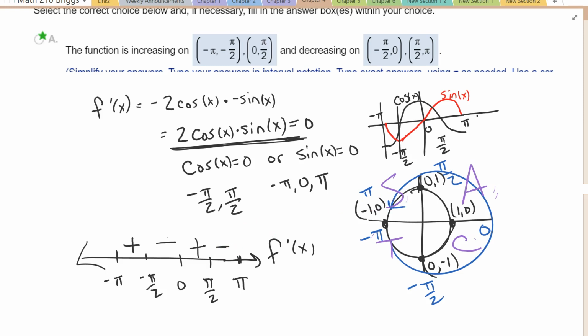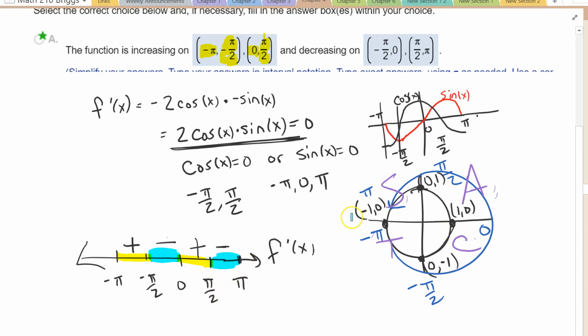So that tells me that this function is going to be increasing on the interval from minus pi to minus pi over 2 and from 0 to pi over 2, and is going to be decreasing on the interval from minus pi over 2 to 0 and from pi over 2 to pi.